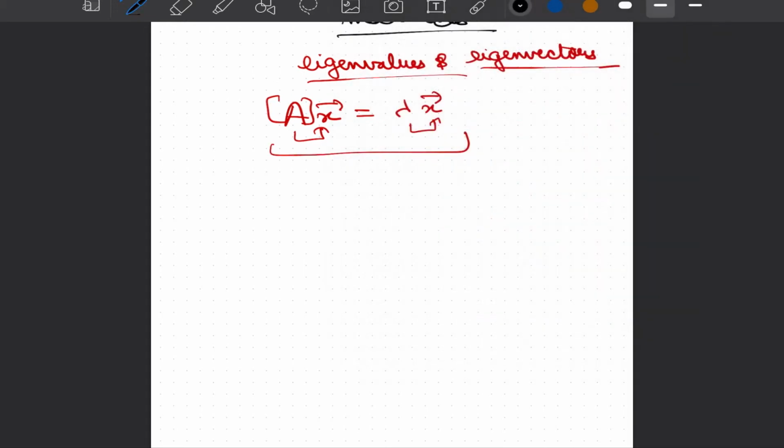To know that, we will define what we call the characteristic polynomial. Mind it, this is the definition.